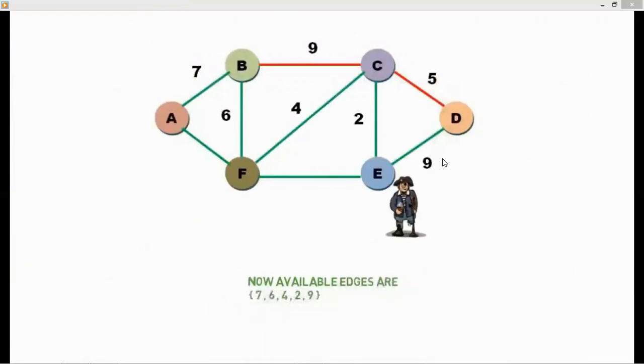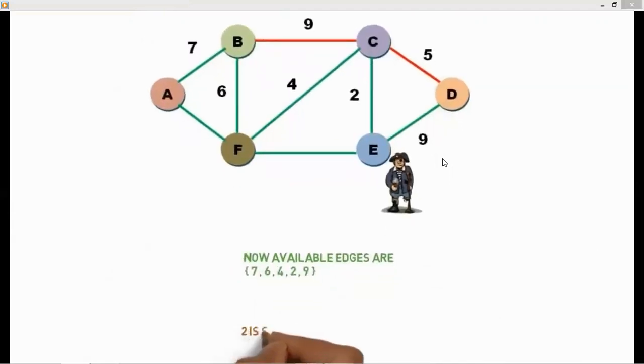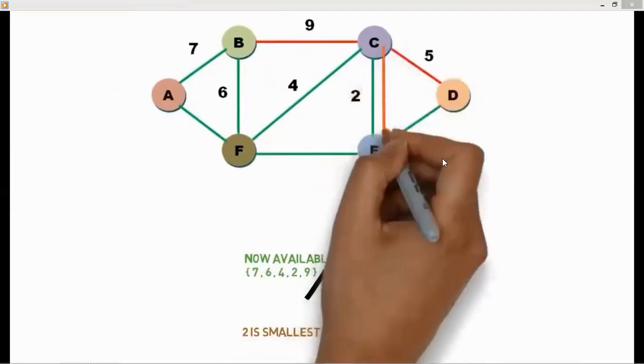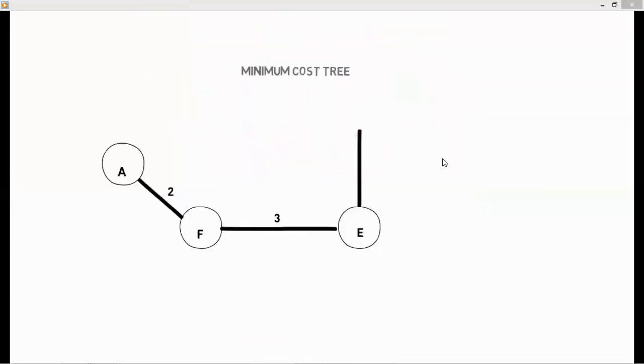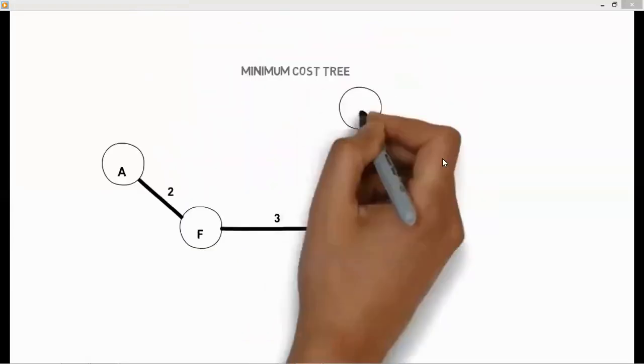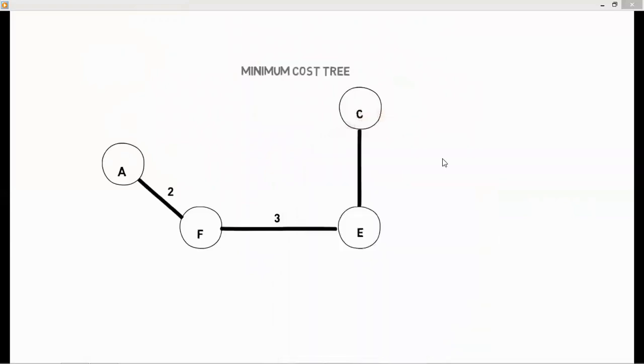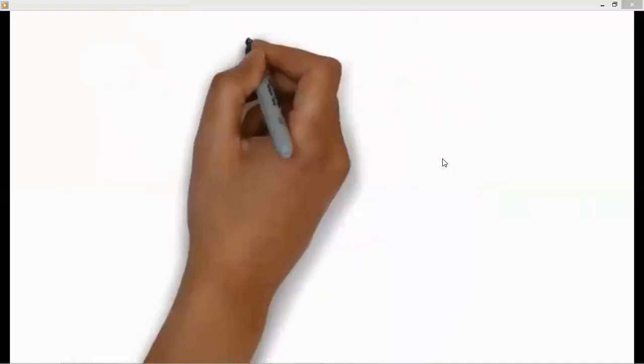Now the available edges are 7, 6, 4, 2, 9. But for E there is a shortest cost, so we have taken 2, E to C.